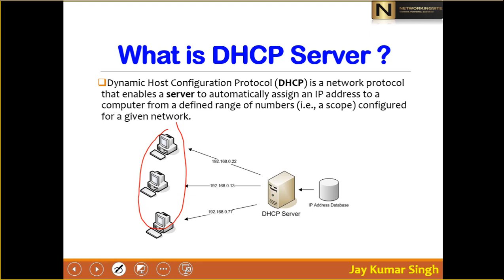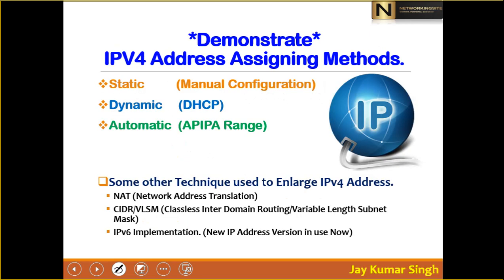Those reservation and pooling things we will see in practice. After IP addressing is completed, we will see how to assign IP addresses through the static method, then how to assign through DHCP, and then the automatic IP addresses. We also have some other techniques like NAT. These things we will see after that.